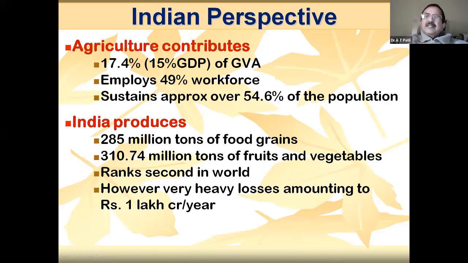Another aspect is that India is an agrarian country. 70% of the population lives in rural areas. And nowadays, because education has reached almost to the small towns, because of privatization in education, there are many universities and colleges in the towns. So getting a degree for the village youth is not that difficult.